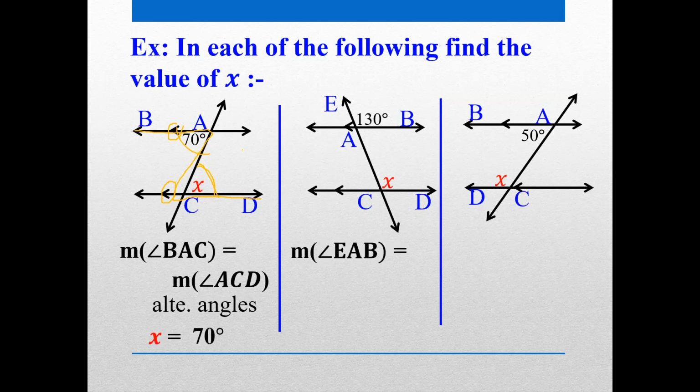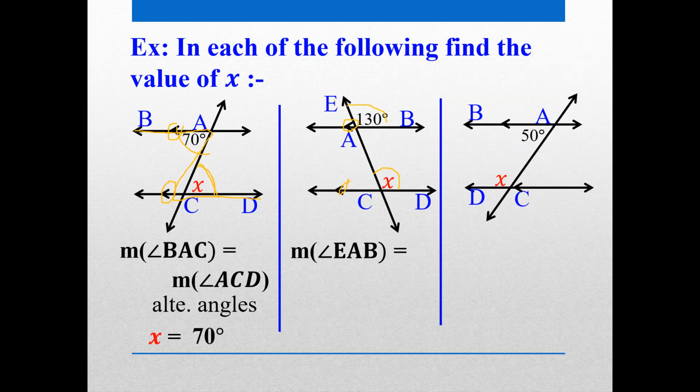Next one, we have two parallel straight lines, with the sign of parallel, and a transversal. AC is a transversal. Then find the value of x. We have the given that angle EAB equals 130 degrees.